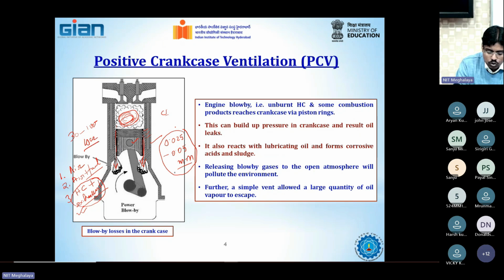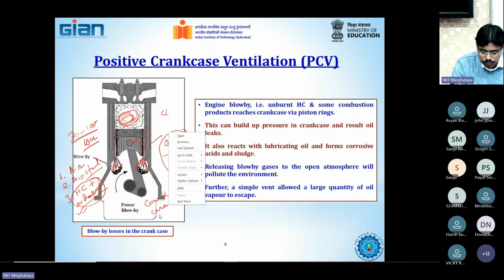Although it remains for a very short duration, the pressure reaches this particular level. So at this level, there is more likelihood of the hydrocarbon and incompletely burned gases leaking through this piston-cylinder gap and coming inside this crankcase. This is called the crankcase.